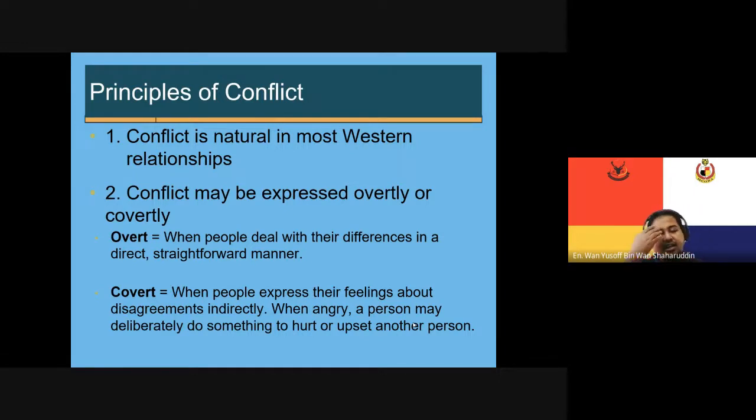You straight away tell the people that you are involved in the conflict with that you do not like this or you have other things in mind. But when you are expressing your conflict covertly, it happens when people express their feelings about disagreement indirectly. For example, when angry, a person may deliberately do something to hurt or upset another person.